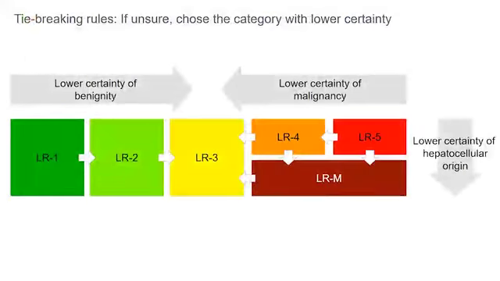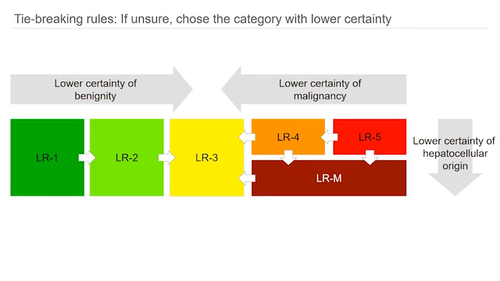Step number 3, if needed, we can apply the tie-breaking rules. What does that mean? Well, if after going through the algorithm application and the ancillary feature application, you're still not sure if it's LIRADS 3 or LIRADS 4, you follow these tie-breaking rules. The tie-breaking rules tell you that we should select the category which reflects lowest certainty, either lowest certainty of malignancy or lowest certainty of hepatocellular origin.